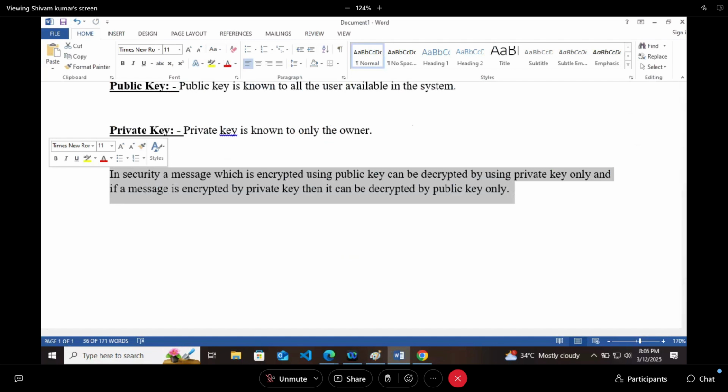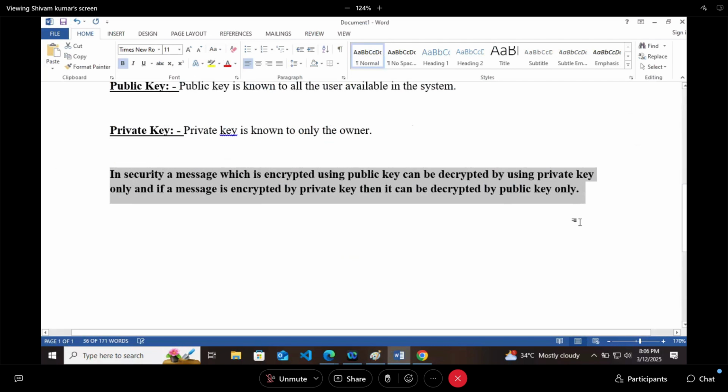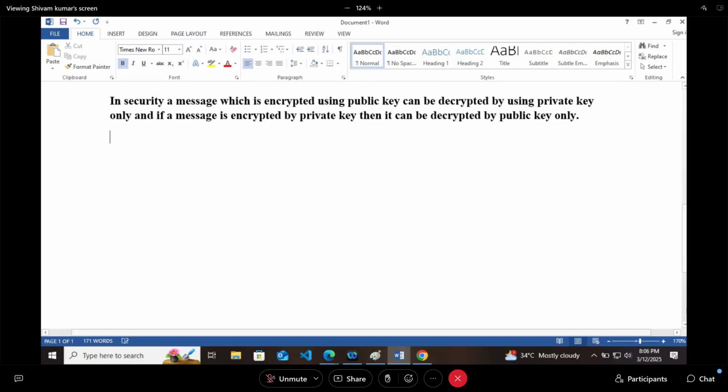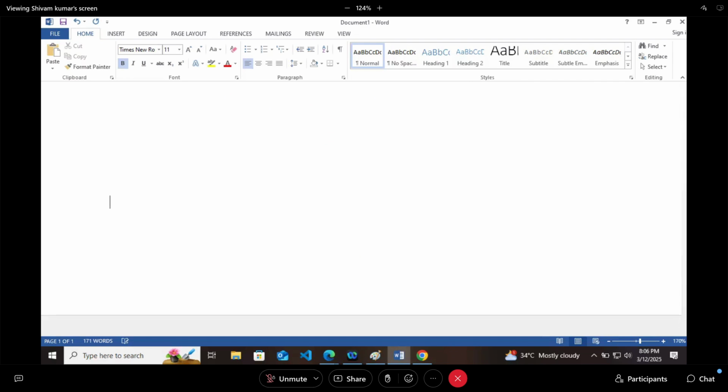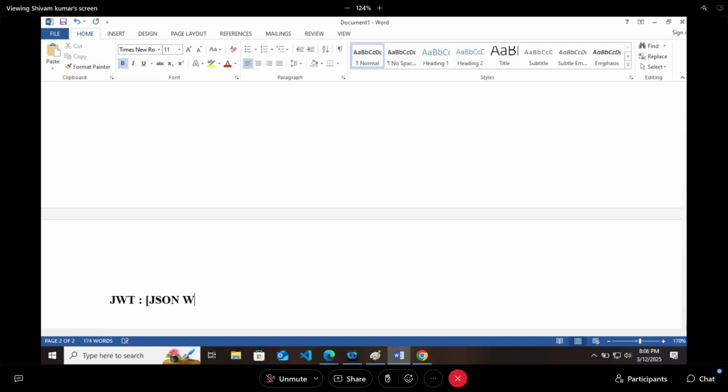So let's see how we are gonna do it. And what exactly is JWT? JWT stands for JSON Web Token.